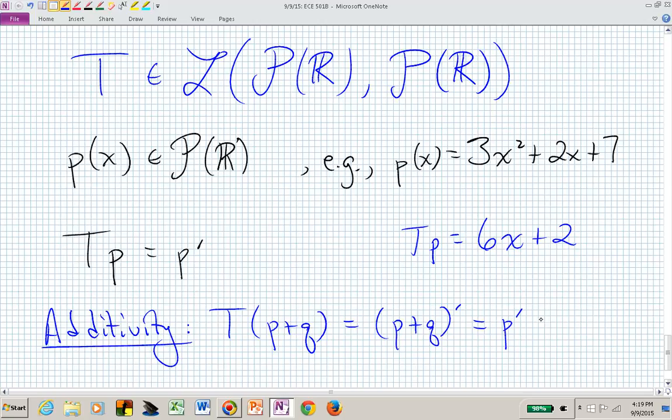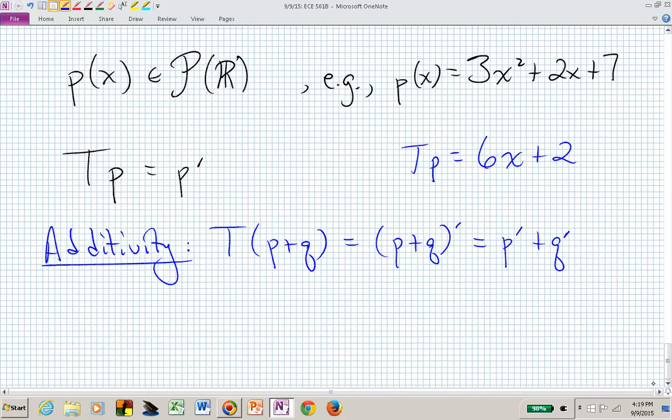This now becomes P prime plus Q prime, but that is just TP plus TQ, and that is what we needed for additivity.